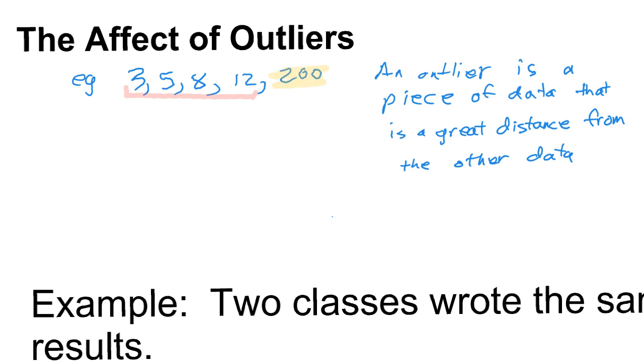Now, if I look at this set, it's already ordered, right? But let's say that I was looking at, say, the underlined red set. Its median would be 13 divided by 2, which would be 6.5, right? But then when we go and tack on this 200 here, the median changes, okay?